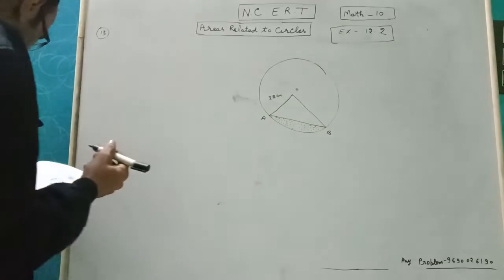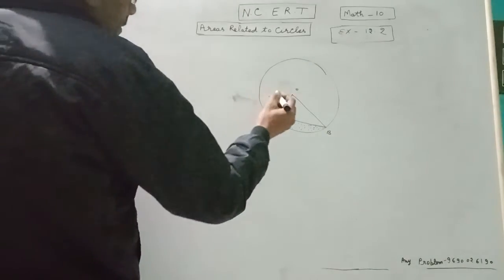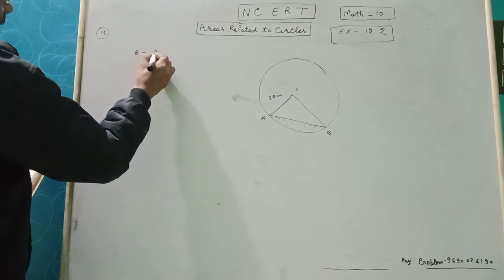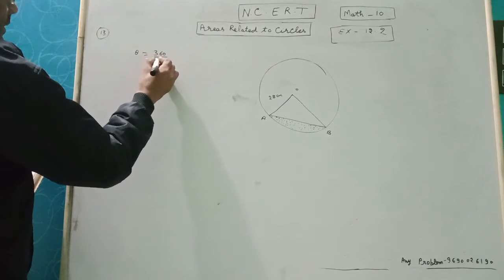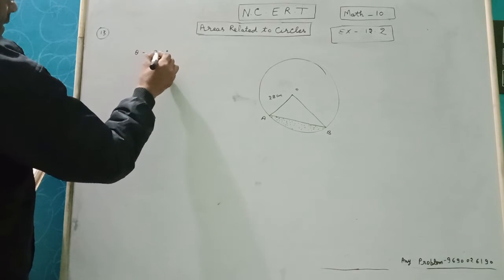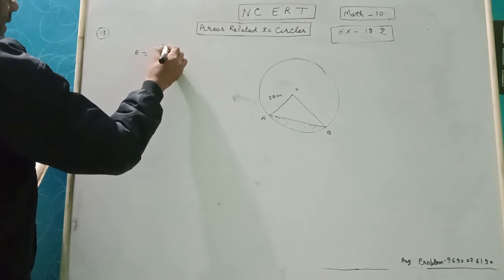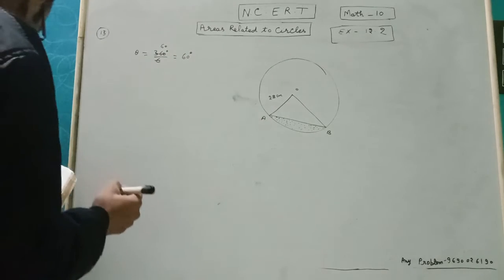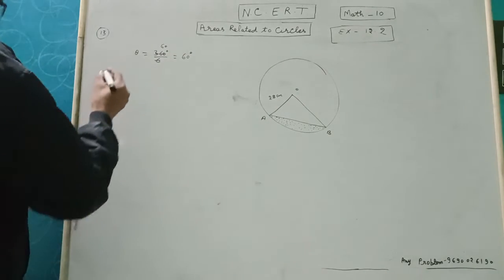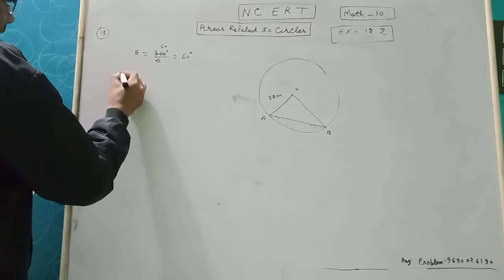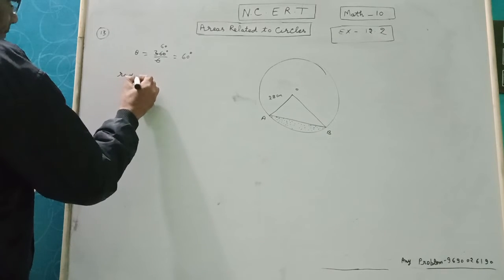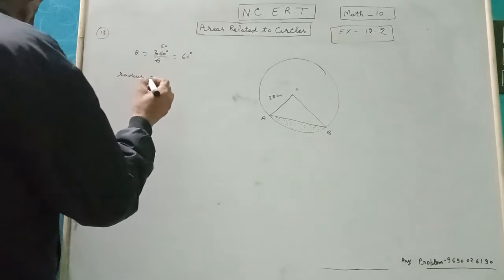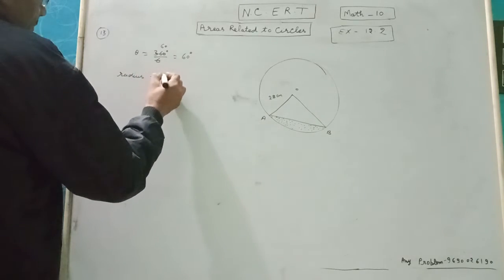The round table has 6 equal parts. Then theta will be 360 upon 6, which is 60 degrees, the angle between them. Radius is equal to 28 cm.